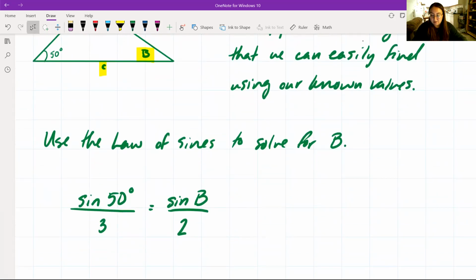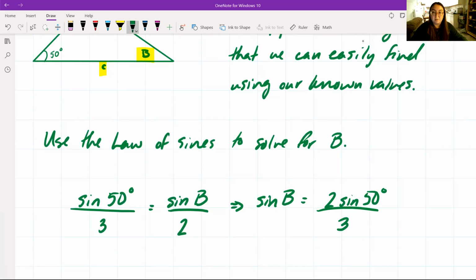And now we just want to solve. If we solve for sine of B first, sine of B is going to be equal to 2 times sine of 50 degrees divided by 3.